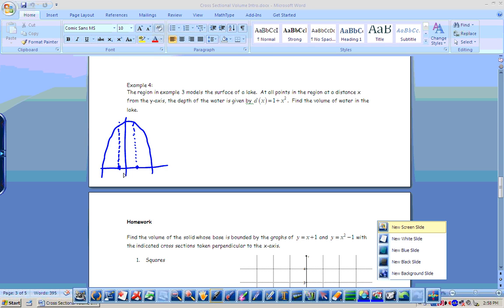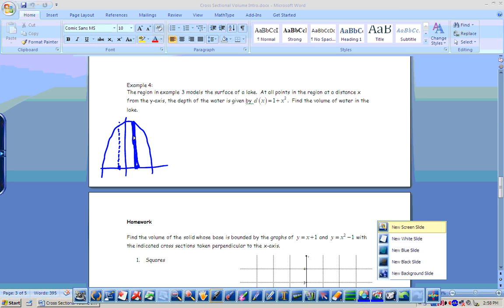So essentially what they're telling you is that the cross sections of this lake have a specific shape, and that specific shape is a rectangle, because this would represent the length of the rectangle, and because this rectangle is a vertical rectangle, I'm back to having everything in terms of x.